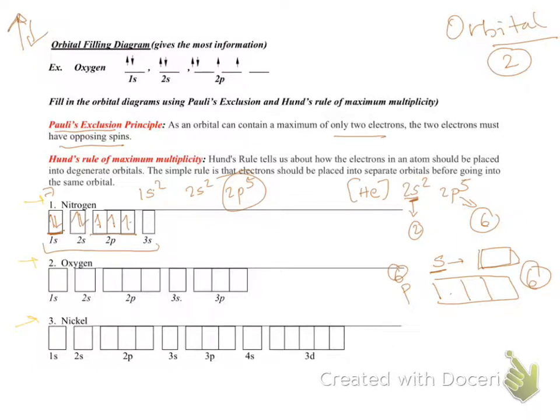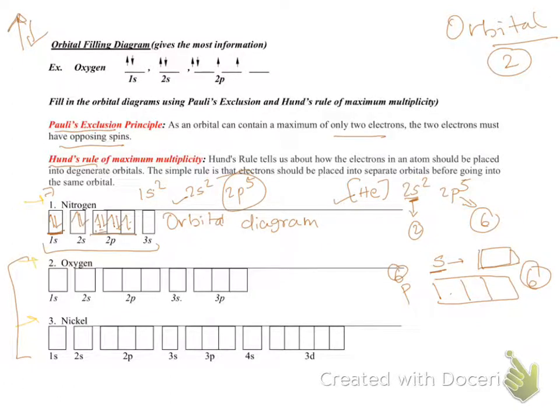I have filled 1, 2, 3, and now I can start pairing up. This is known as Hund's rule of maximum multiplicity: you first fill into separate orbitals and then you start pairing them. So this is the full electronic configuration, the abbreviated electronic configuration, and the orbital diagram for nitrogen.